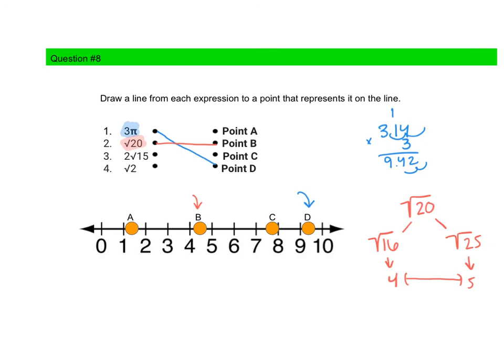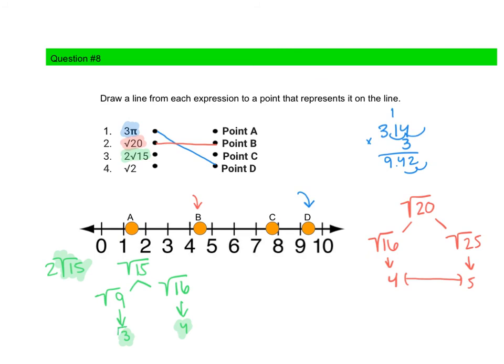Next, I have 2 times the square root of 15. Well, I'm going to start with the square root of 15 first. I'm going to say, what does this fall in between? Well, this falls in between the square root of 16 and the square root of 9. So this is in between 4 and 3. So I'm going to find my limits.